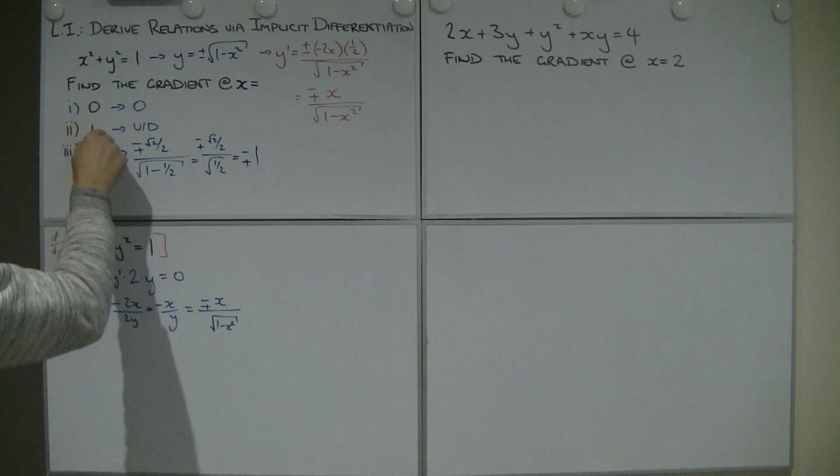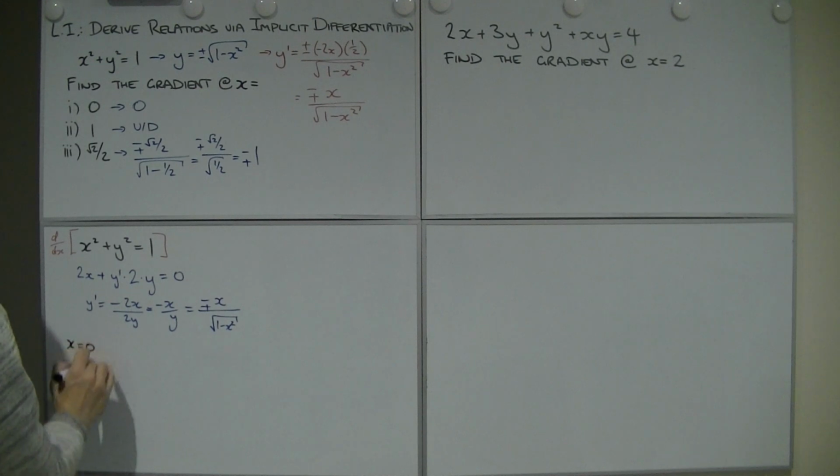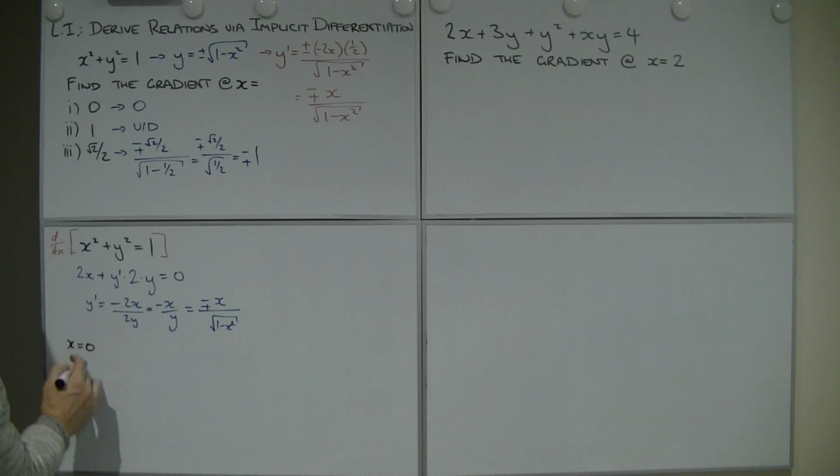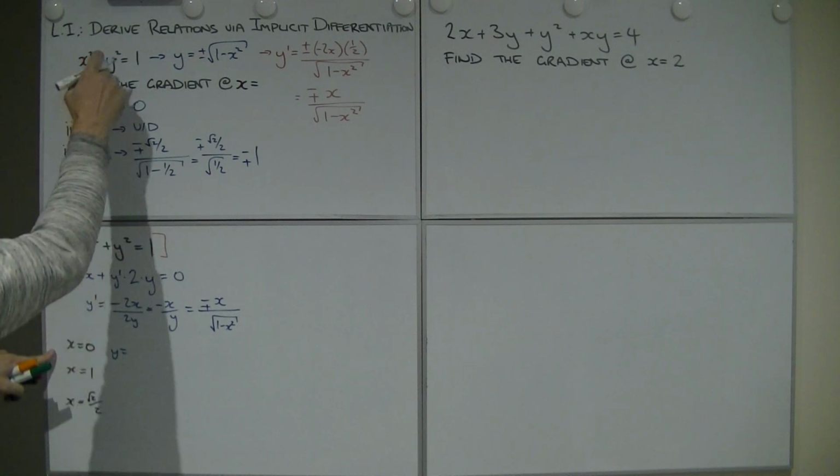Okay, I want to get these values. Alright, so x equals 0, x equals 1, and x equals root 2 on 2. Okay, well from that, I can very quickly figure out y, because I can just chuck it into this.